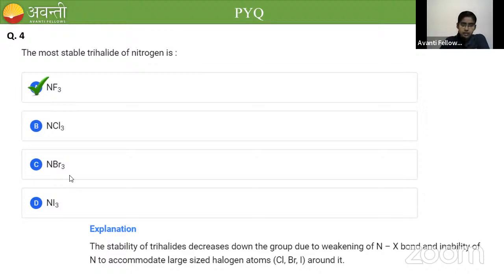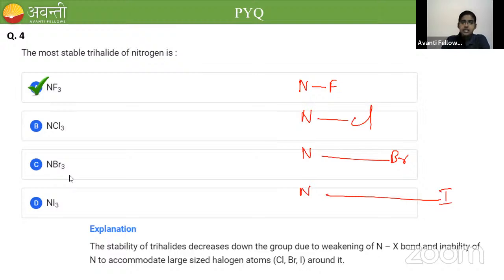So the most stable halide of nitrogen will be the one with the smallest halogen, that is fluorine. So NF3 will be the most stable halide, because bond length increases: NF, NCl, NBr, and NI.